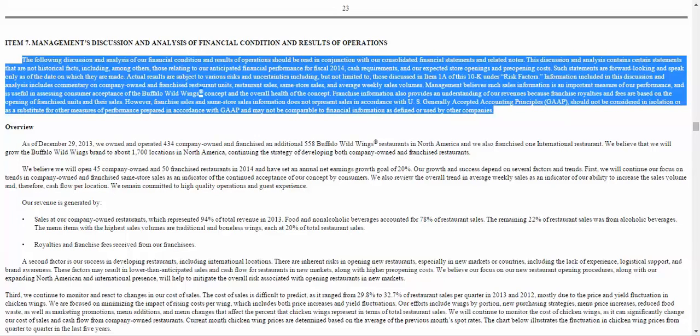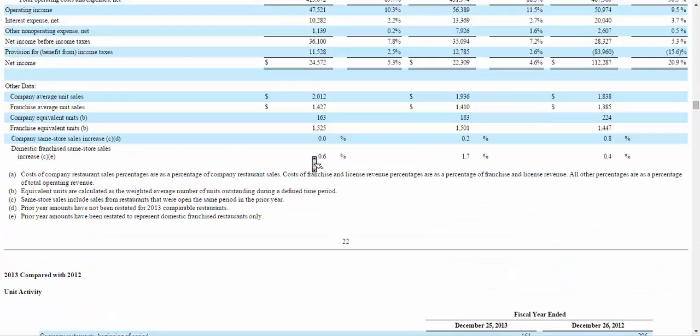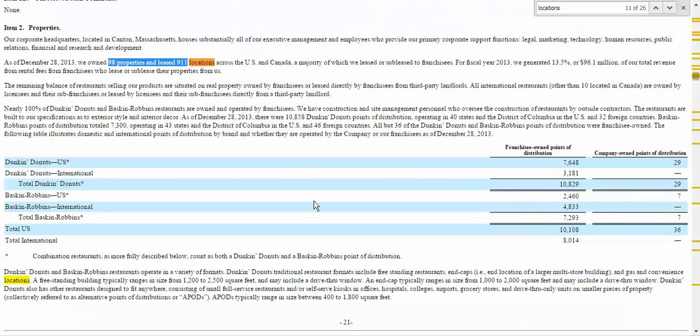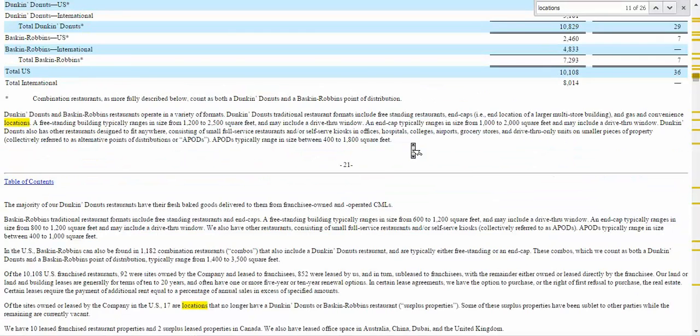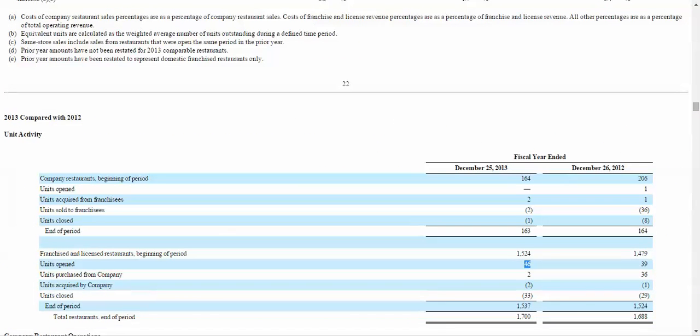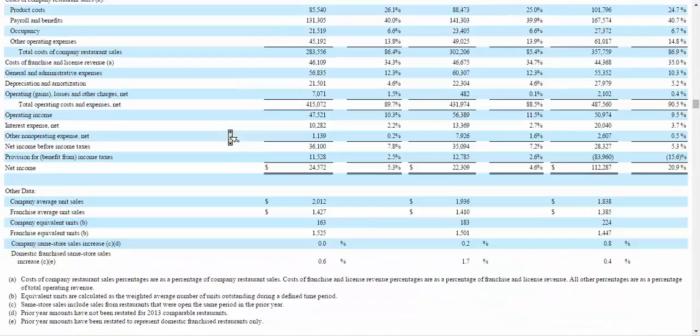So the same way that we saw section 2 in Dunkin' talking about properties and listing the number of existing properties, we didn't spend a lot of time in Dunkin' looking for future openings. That's your task. And we saw unit activity here in Denny's.